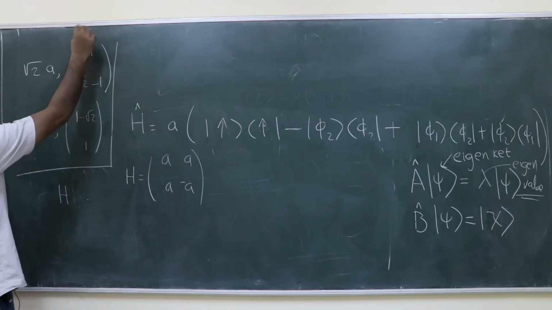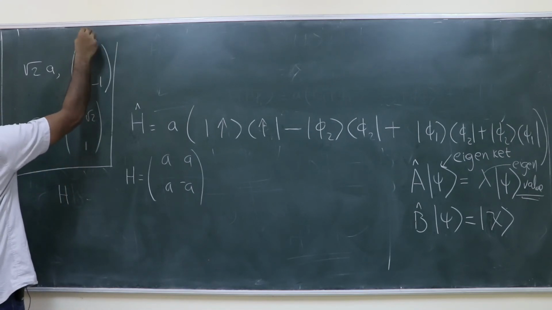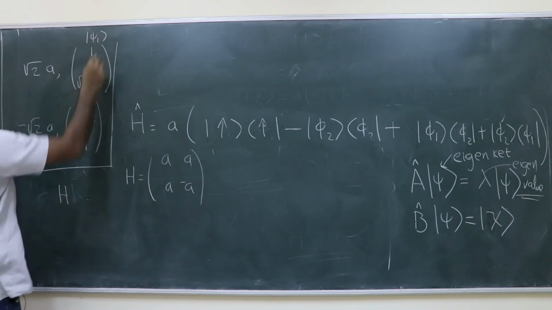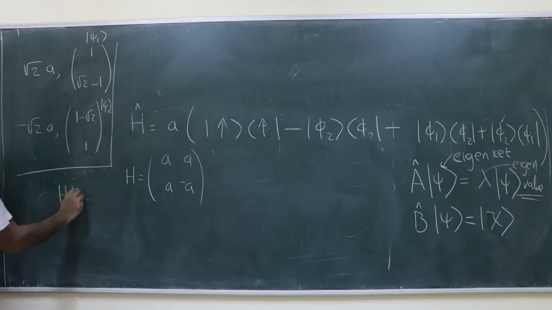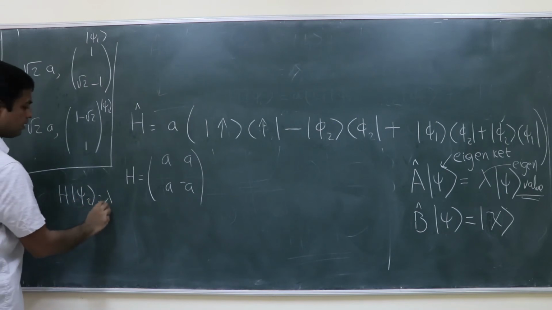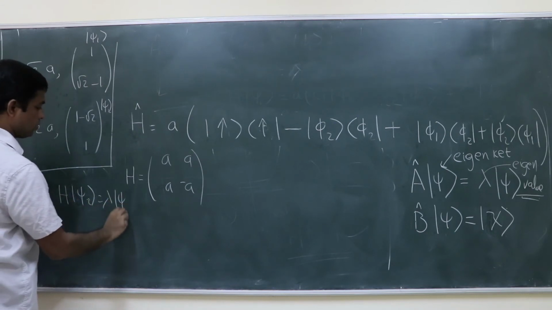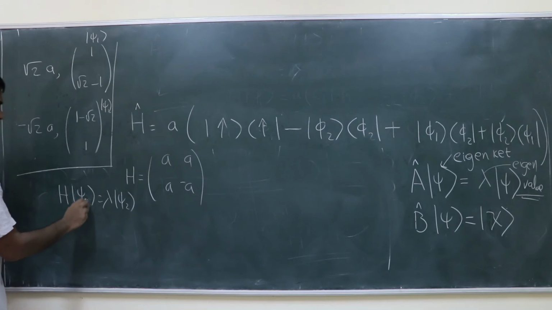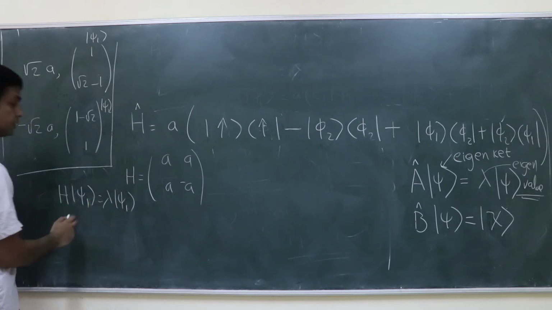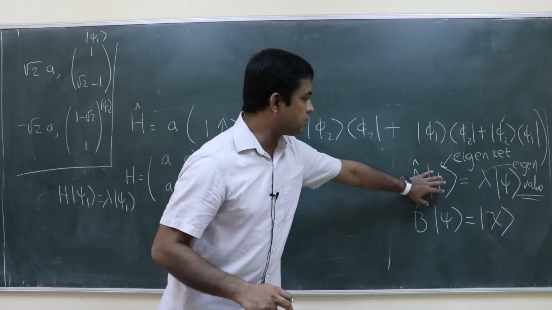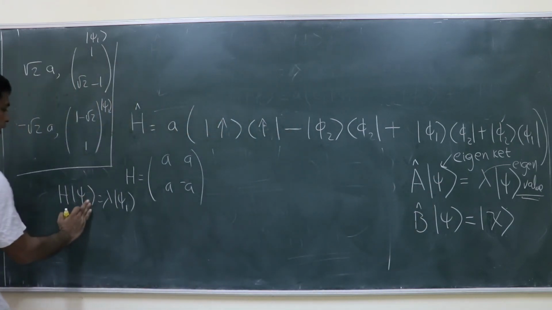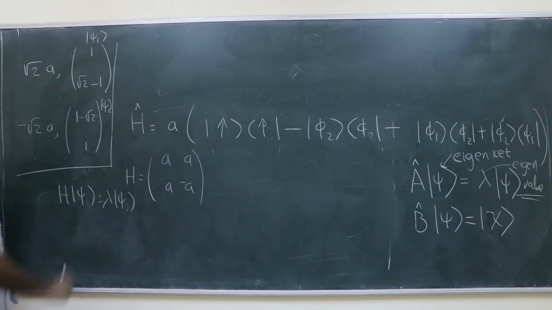This you call the vector psi 1, and this one you call psi 2. So H psi 2 is equal to lambda psi 2, or H psi 1 is equal to lambda psi 1. In general, for any operator this is the eigenvalue equation: H psi is equal to lambda psi.